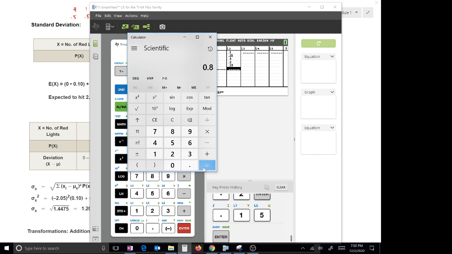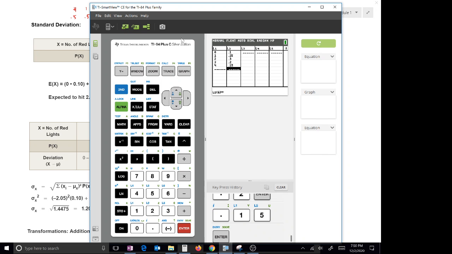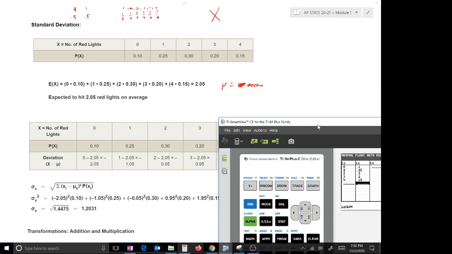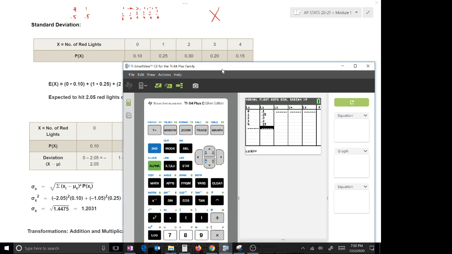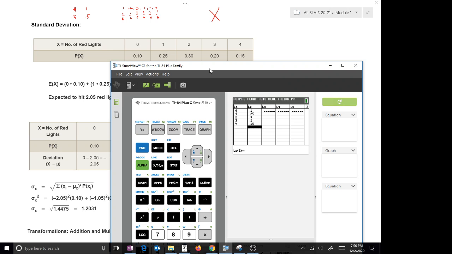It looks like I'm missing one. The probabilities don't seem right to me.